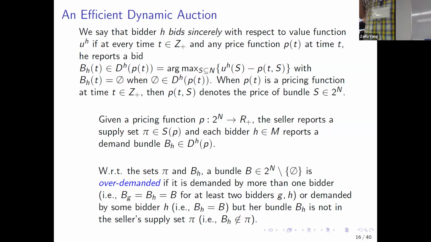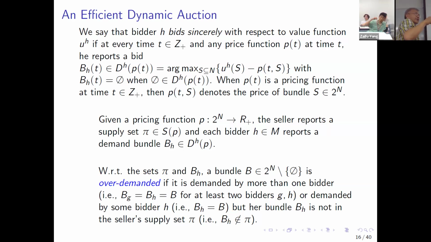Here, I just want to point out the difference between this model and the previous auctions. In the previous auctions, like the demand auction, the auctioneer requires every bidder to report the entire demand set.